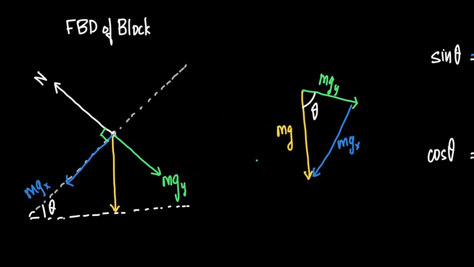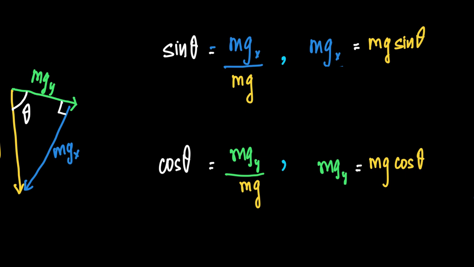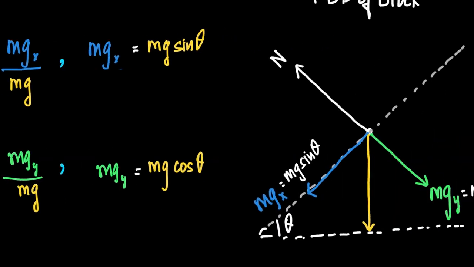Yes, this angle is 90 degrees. My bad. Now things are correct. So we have mgx is equal to mg sine theta. Similarly, taking cos theta of this angle, we have mgy is equal to mg cos theta. So the perpendicular component mgy can be replaced by mg cos theta, and the component along the plane mgx can be replaced by mg sine theta.